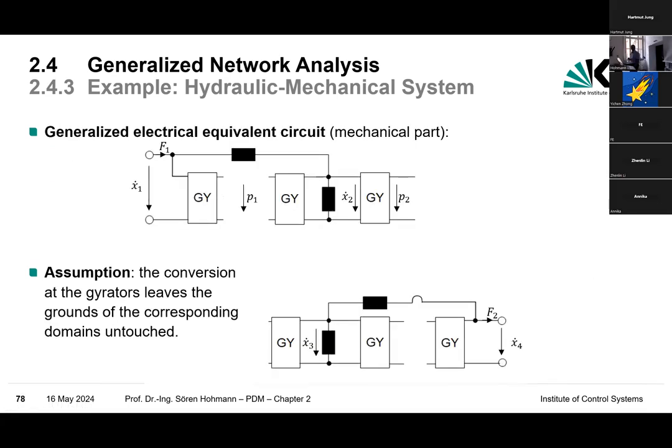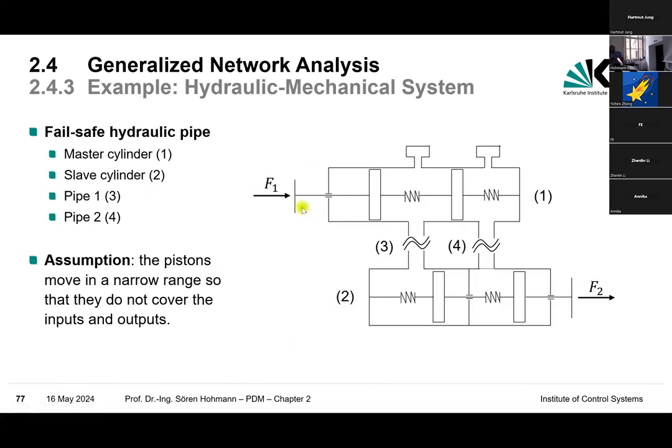First of all, you see the different gyrators which transform mechanical position, velocity, and force and velocity into a pressure and volume flow on the one hand. Due to the fact that there is a mechanical connection also to the secondary side. So basically, if we go from here, there's also a mechanical connection over here to the second piston.